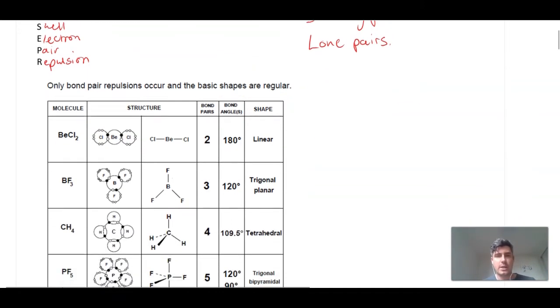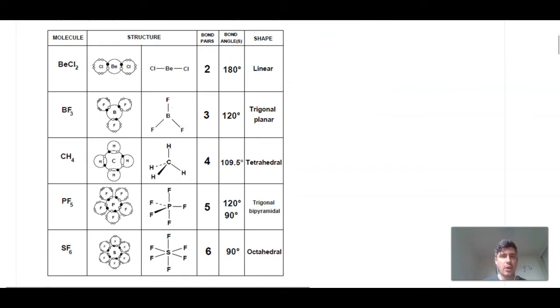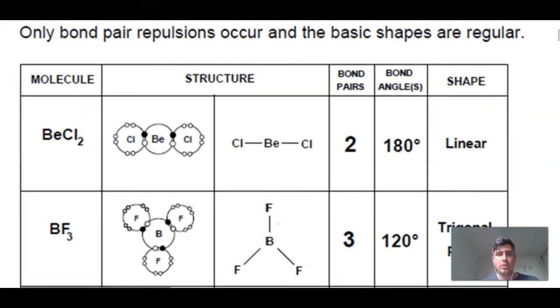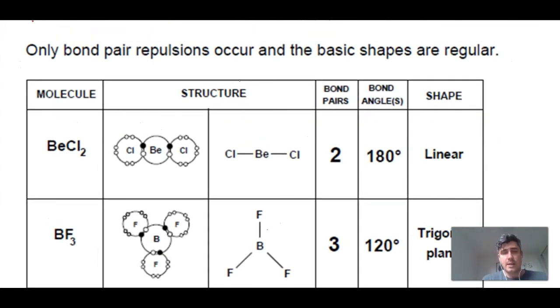So if we look at these molecules here, I've got different numbers of bonding pairs. For example, in beryllium chloride, I've got two bonding pairs, so the dot diagram would look like this. And if I was to draw the valence structure, it would look like this. However, you need to remember to add the lone pairs that the chlorine has.